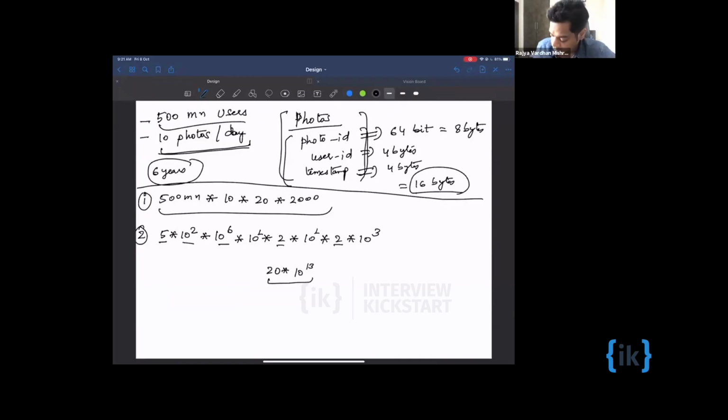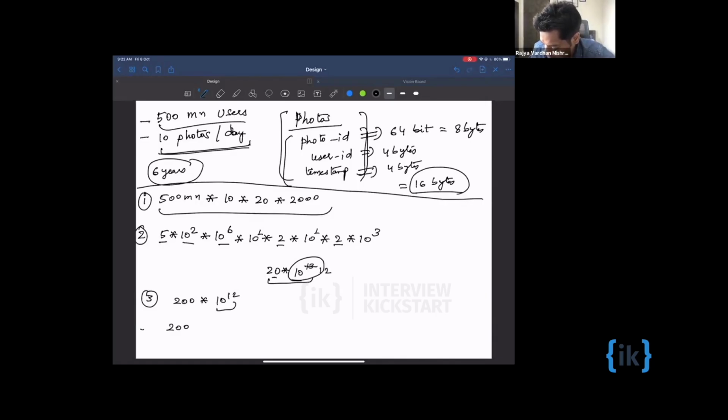Now, the third step is that we have to go to the closest power of 10 which is lower than this. So it would be 10 to the power 12. So if I make it 10 to the power 12, that means this will become 200, right? So it becomes 200 into 10 to the power 12. And we know that this is terabyte.